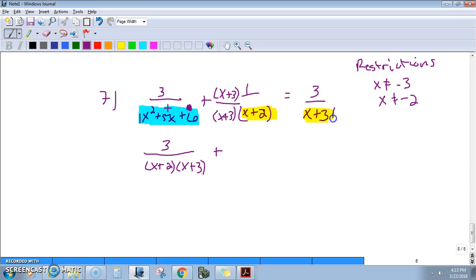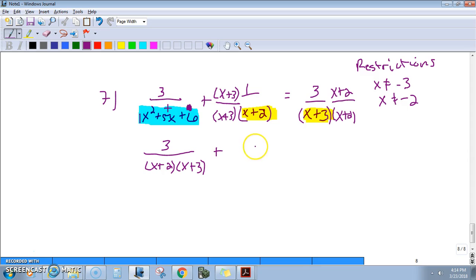And this denominator over here is the other denominator, it's just times x plus 2, right? And so if that's the case, then I need to multiply the numerator by x plus 2 also. And you guys, this one doesn't have to change at all because it's already x plus 2 times x plus 3.